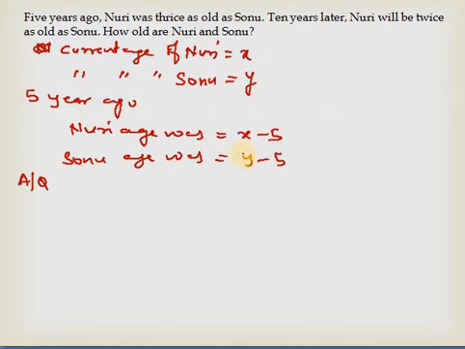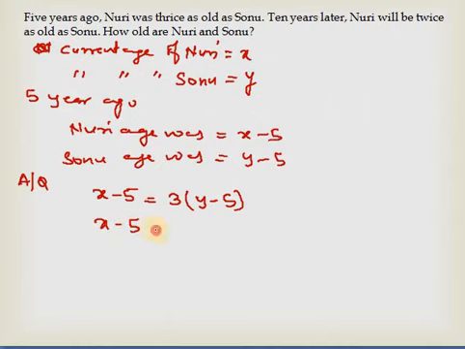So that means if I multiply Sonu by 5, then we can write that these two are equal. Similarly in this case also, if I write Nuri is, and I have to put an equals sign, then Nuri was 3 times. So that's why I have to multiply the age of Sonu with 3 in order to make them equal.